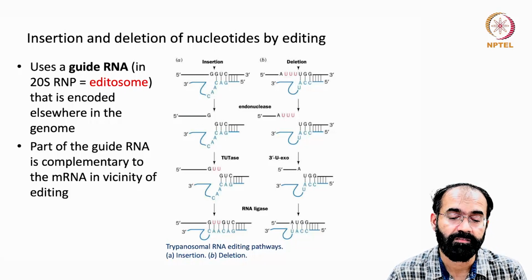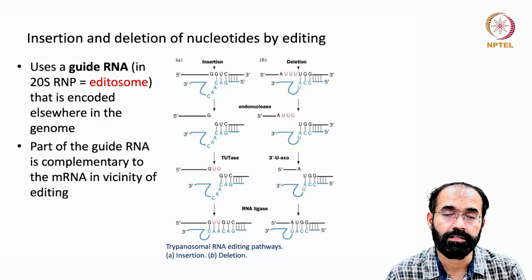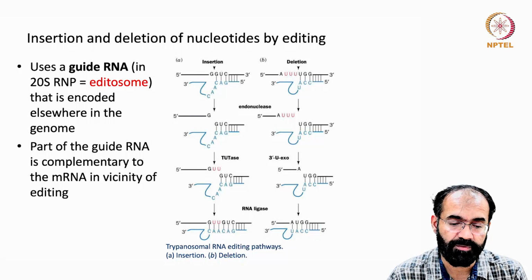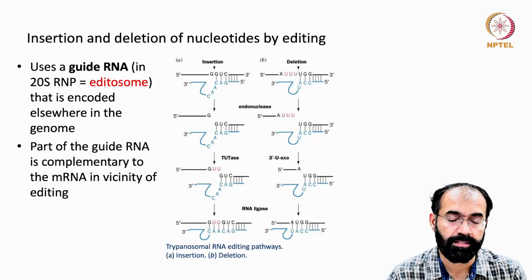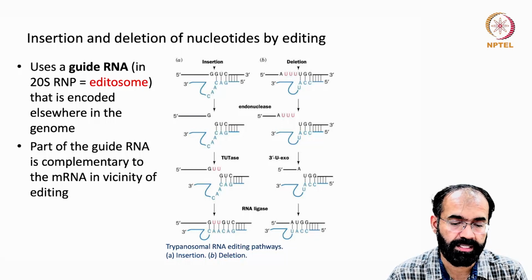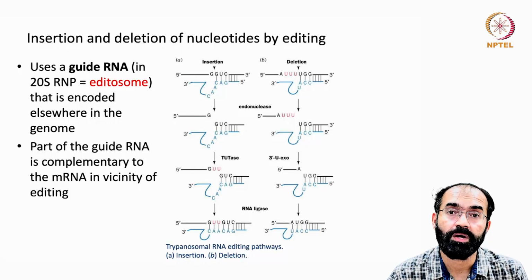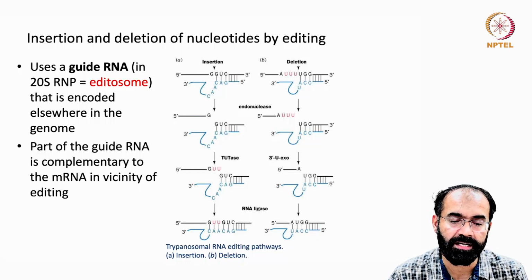Now this cut nucleic acid becomes a substrate for TUTase, terminal UTP transferase, which adds 2 U's only, just 2 U, not many U. G and G was there, it was cut in between, and in between you have 2 U's. So GG became GUUG. That is quite interesting, because this unpaired portion now finds it attractive to pair. Earlier it was not pairing; only up to here this G was pairing.